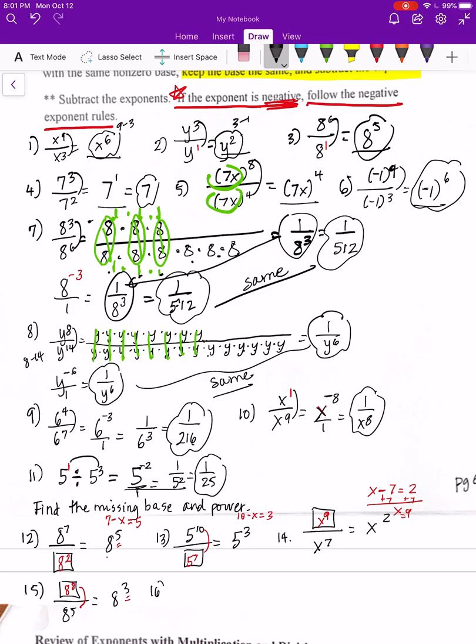Oh boy. Number 16. What about this? Blank over 4 to the 4th equals 1/16. Hey, wait a minute. What's going on here? What do you know about 16? 16's a perfect square.